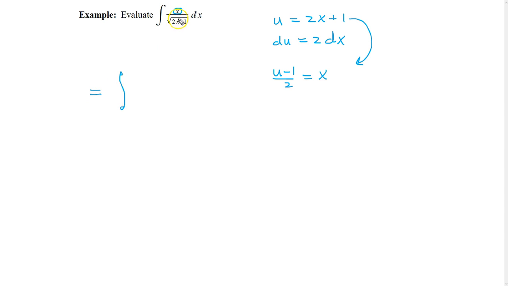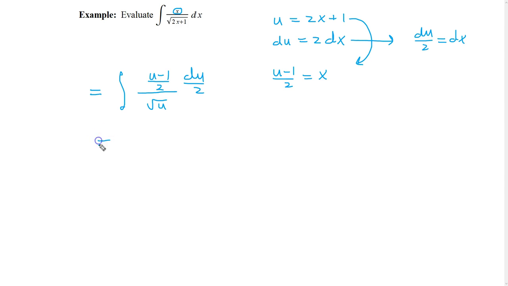So that x in the numerator is going to be the dx from this piece right here. Our dx is du over 2. And then in the denominator we have our square root of u.